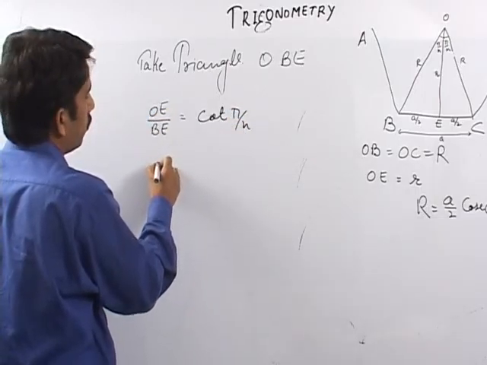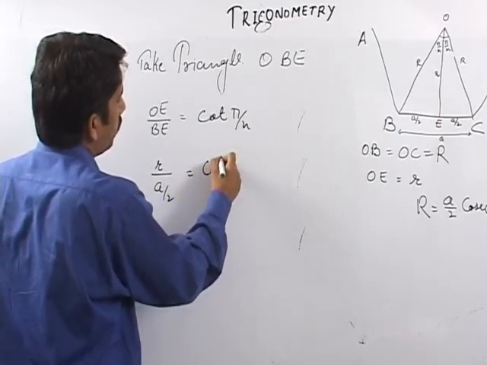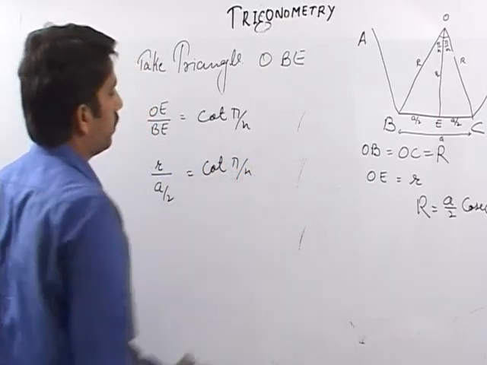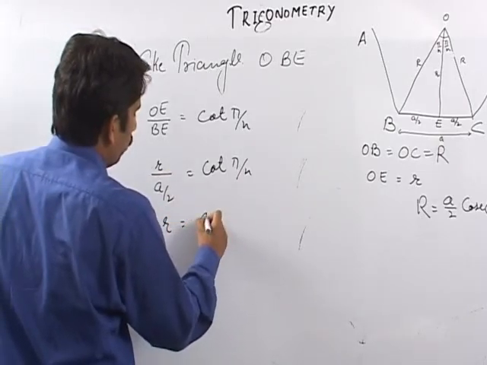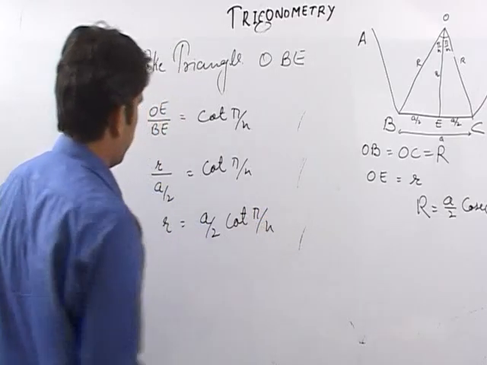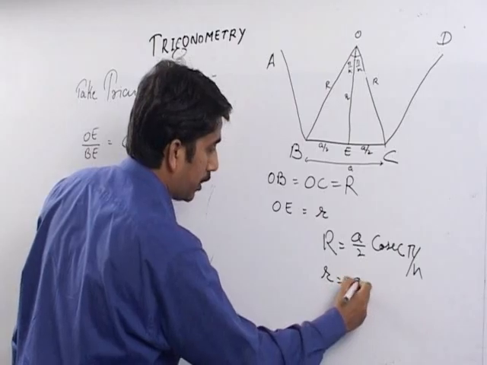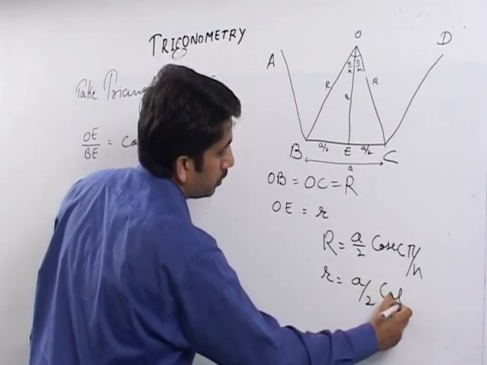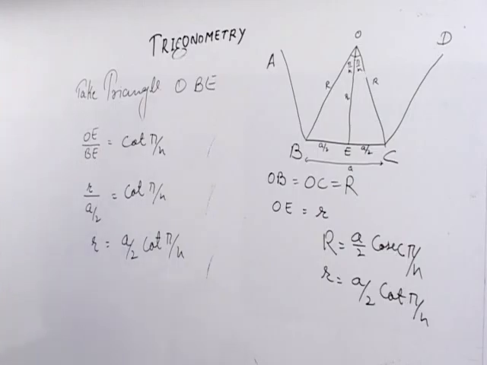OE is small r, BE is a by 2. Therefore, small r is equal to a by 2 cot pi over n. Therefore, the inradius becomes a by 2 cot pi over n.